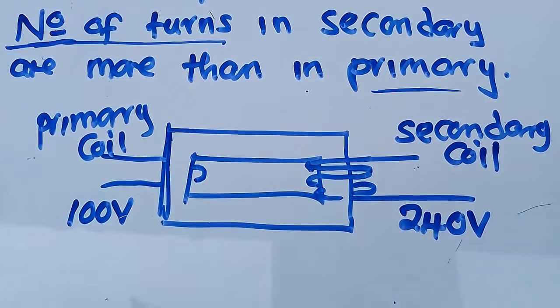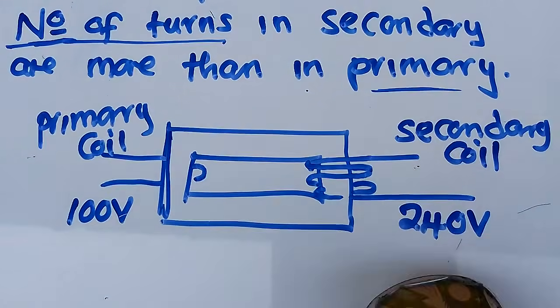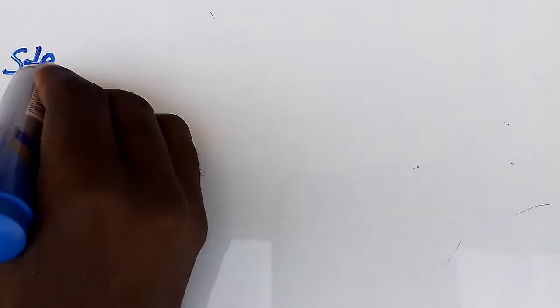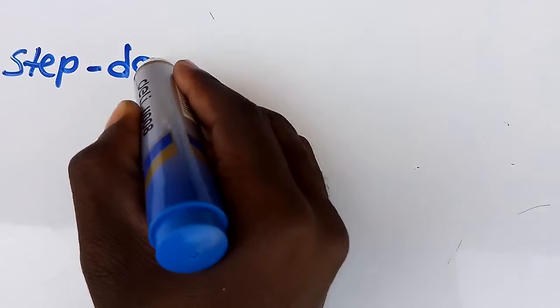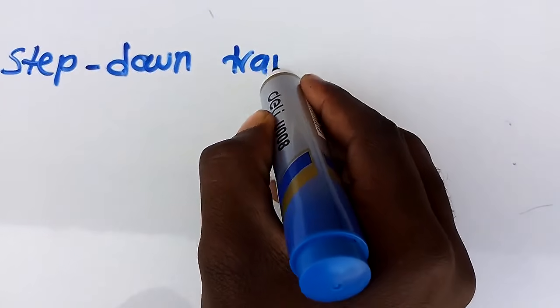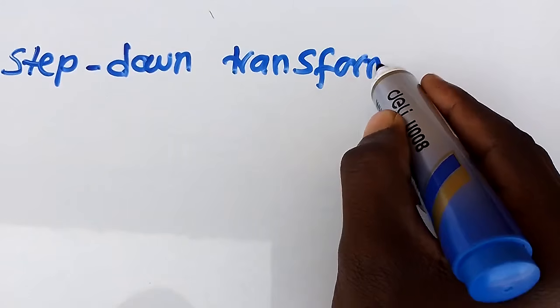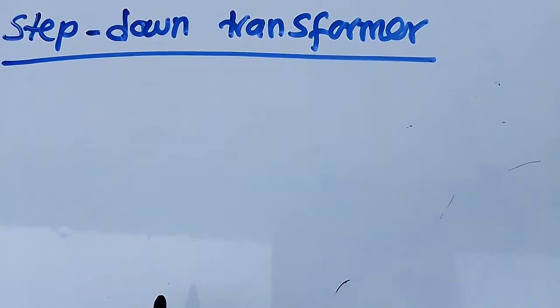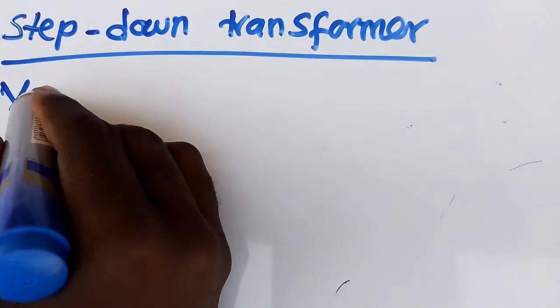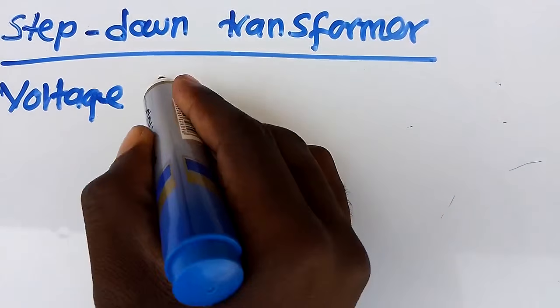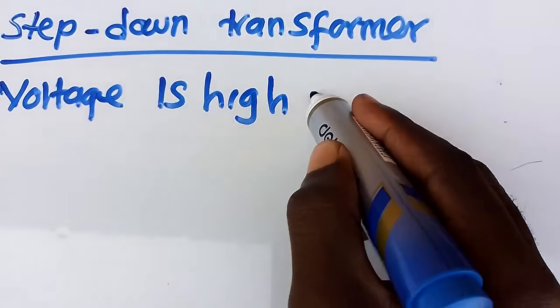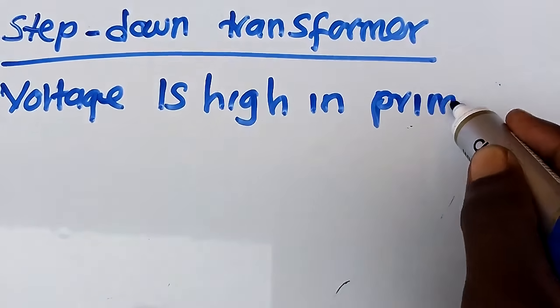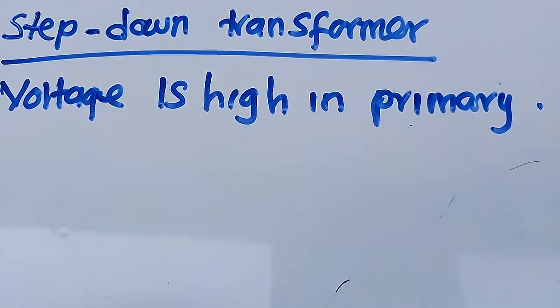The same applies to the step-down transformer, which is the second one. It is just the opposite of the other one. In a step-down transformer, the voltage is high in primary.